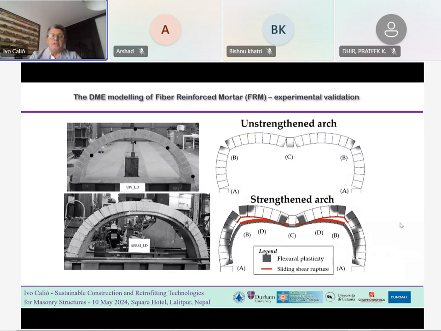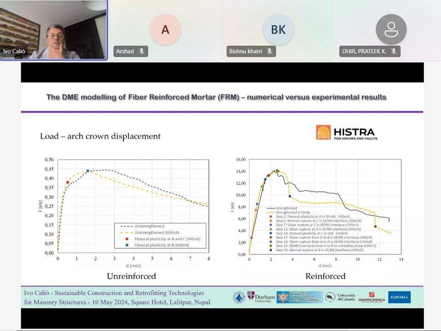And also in this case, we obtained a perfect agreement with the failure mechanism, and also a very good simulation in terms of comparison between curves reporting the strengthened solution on the masonry arch and the strengthened solution according to the different steps.